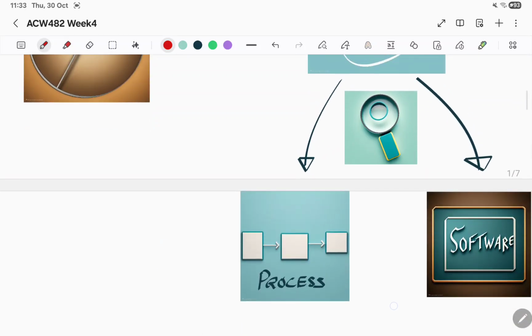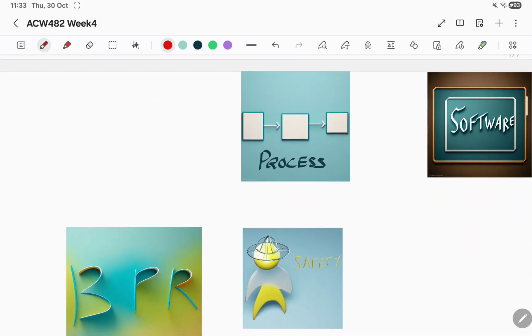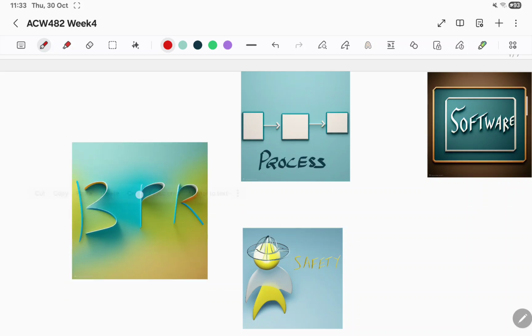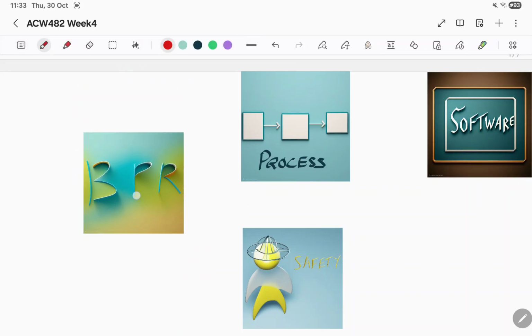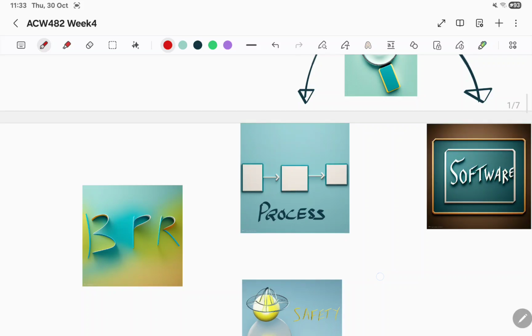And with this evaluation again, we look into it. The process over here, what we can do with this process is you go and then you notice that the process is not efficient, right?